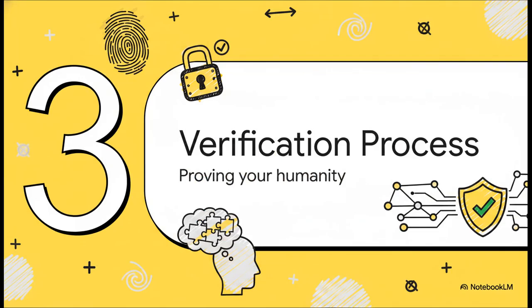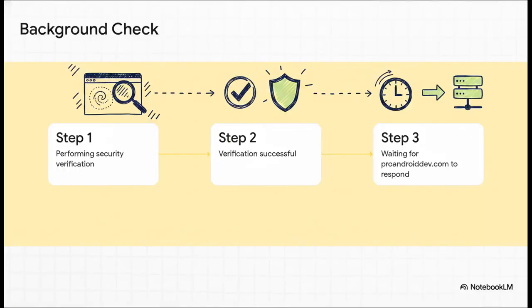Which brings us to Section 3, the verification process. Proving your humanity. So the crucial point is how the text walks us chronologically through this background check. Step 1 is the active phase, performing security verification, and this is where the system is rapidly scanning your browser's behavior. Step 2 marks successful verification, basically clearing your session.